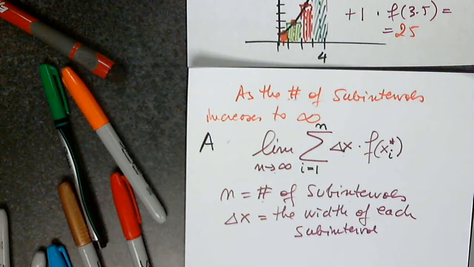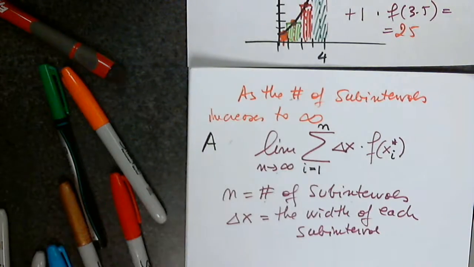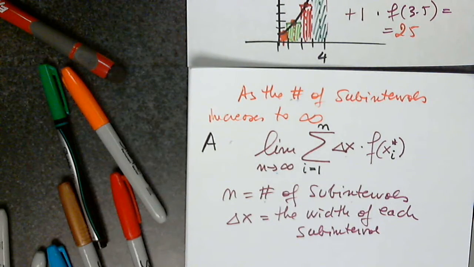Base times height plus base times height plus base times height plus base times height, and I fill them up. I fill up the entire area with infinitely many subintervals. Will this still be approximate or definitely equal? Say it again. It's definitely equal. If I go to infinity, there is nothing left to fill in.